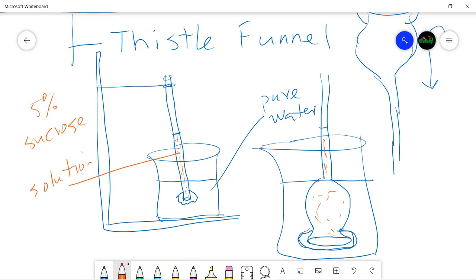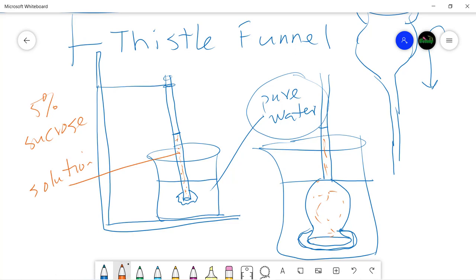This is pure water. Now what happens is that water will move from a region of higher concentration. So where is the region of higher concentration? This is pure water, so pure water means all water molecules are free.